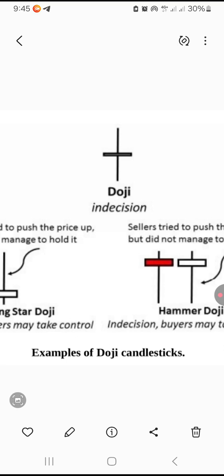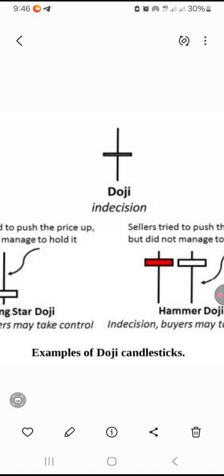Dojis are another important candle pattern and come in different shapes and forms, but are characterized by having either no body, remember what I say by body, or a very small body. A doji is an indecision candle similar to a spinning top. When you see a doji on your chart, it means there is a strong fight occurring between the bears and the bulls, that means between the sellers and the buyers.